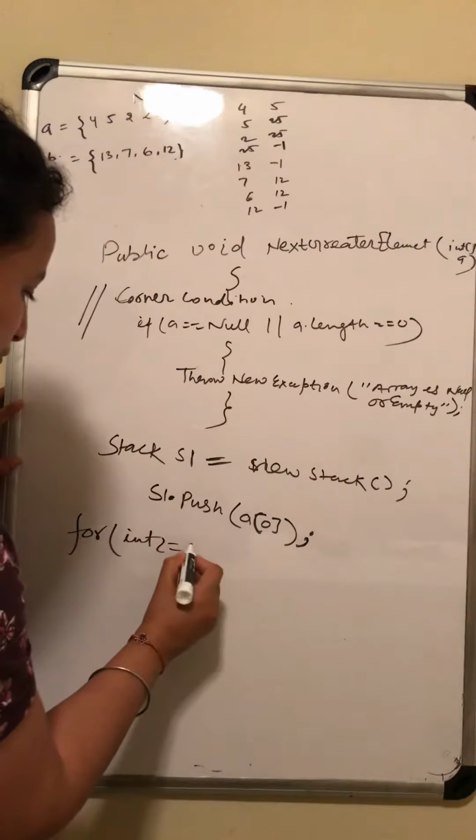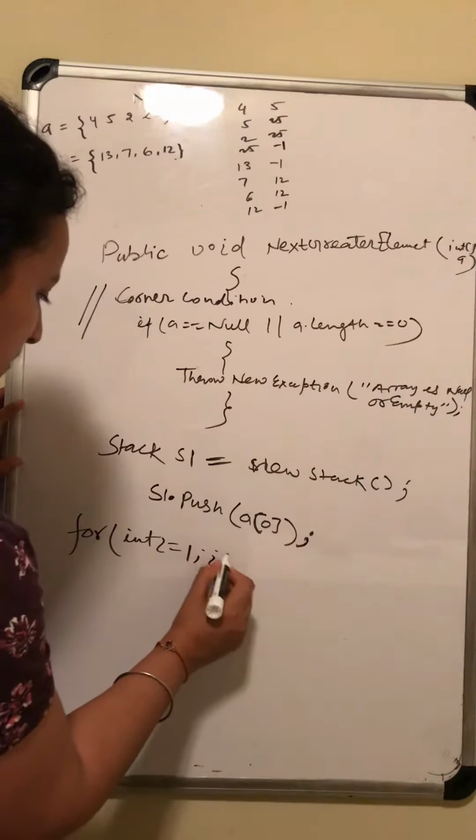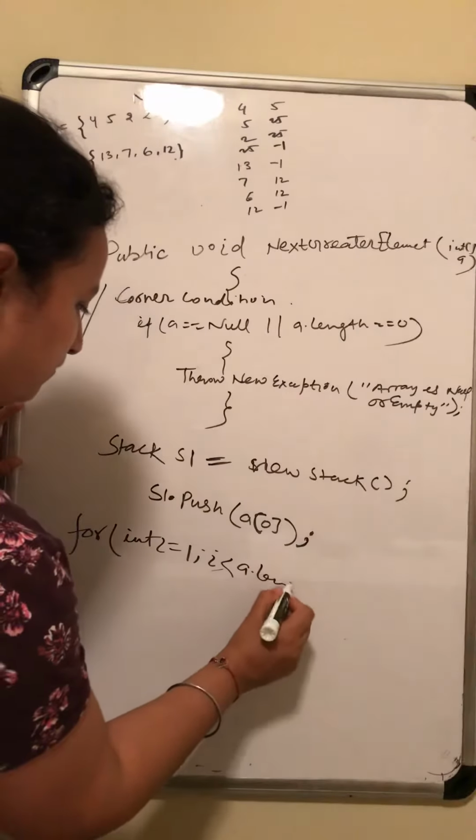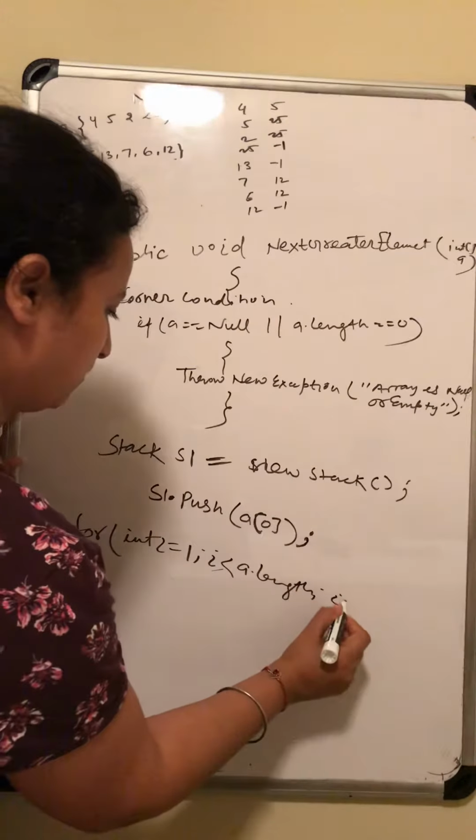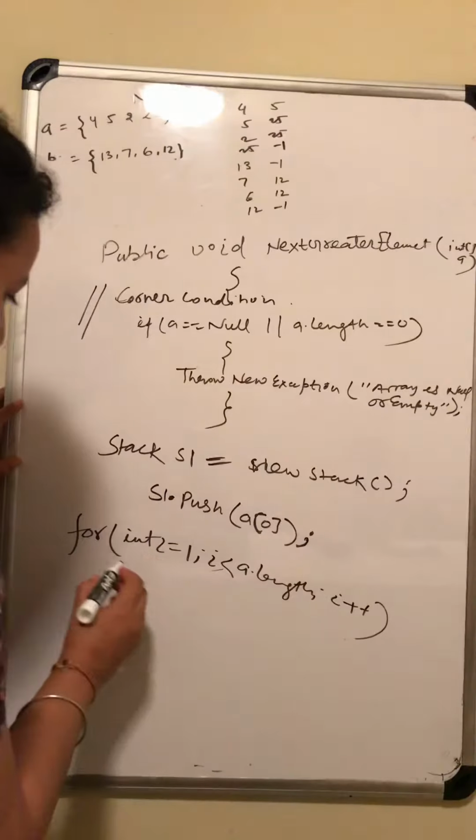i is equal to 1, i less than a.length, i plus plus.